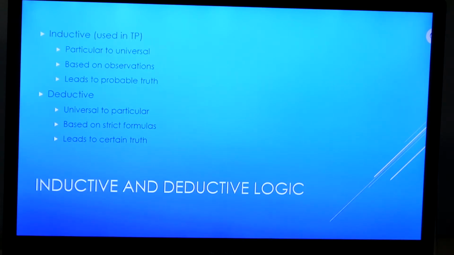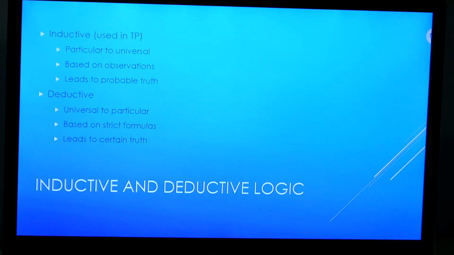You're saying, in my policy, I have evidence that shows this happened in this situation. So if it happens in this situation, we're going to apply it to the bigger picture. It's based upon observations and it leads to probable truth. So that's inductive. A little bit less dependable, but it opens things up so that we can have conversation during debate.